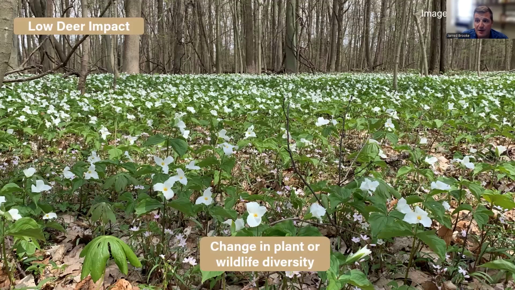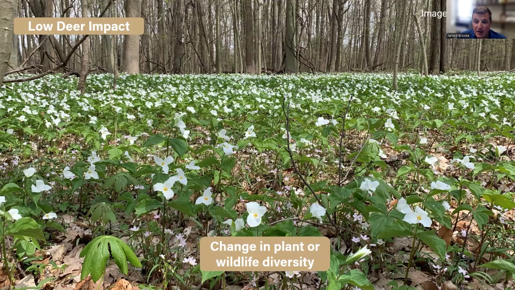So we can kind of classify deer impacts in different bins or categories, and this is what I would classify as low deer impact. These are all large flower trillium, which is probably one of the species that deer would most like to eat in the spring. It's one of our spring ephemeral plants. And if your woods looks like this, then you do not have a deer problem.